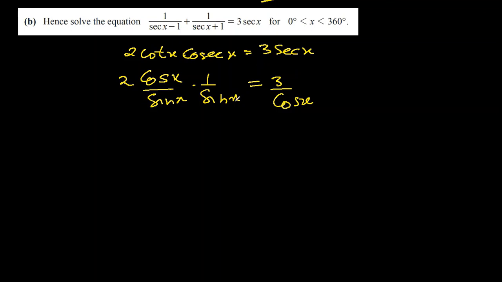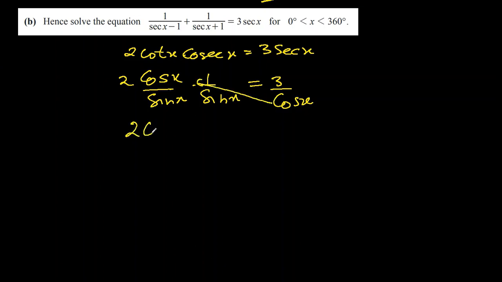Sine over cos can become tan, right? So let's collect sine and cos on one side. So cos x goes and multiplies with this cos.